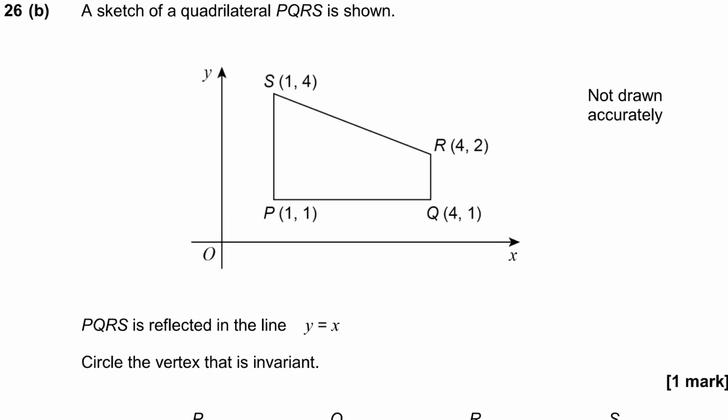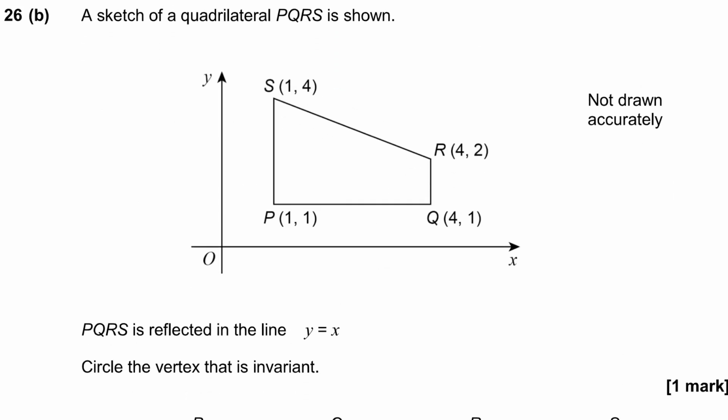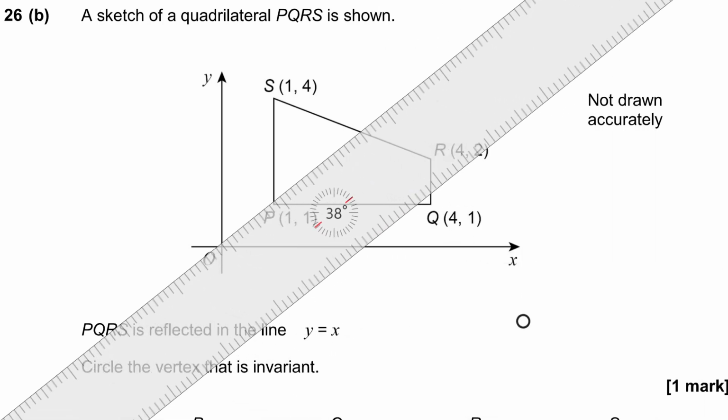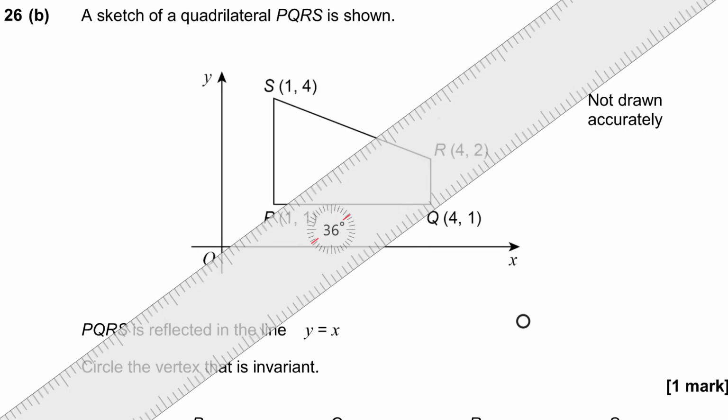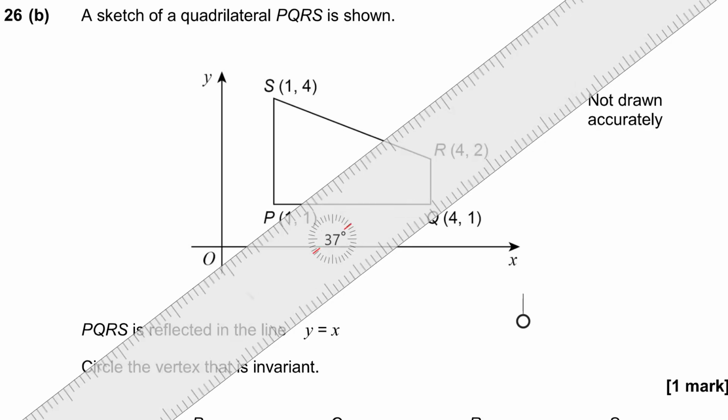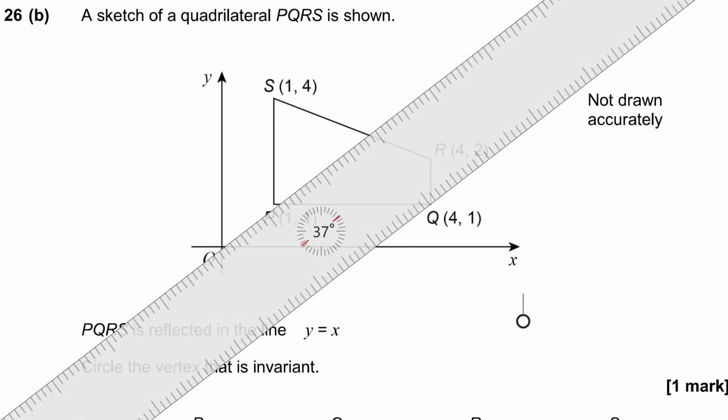Okay, 26b, a sketch of the quadrilateral PQRS is shown. PQRS is reflected in the line y is equal to x. Circle the vertex that is invariant. Now let's just draw on the line of reflection. It's going to go through the origin and it's going to go through that point 1, 1, isn't it? Because it's the diagonal y is equal to x. It's that line there.